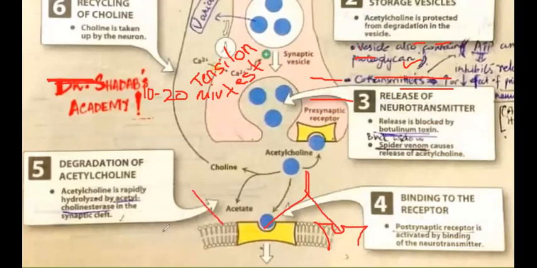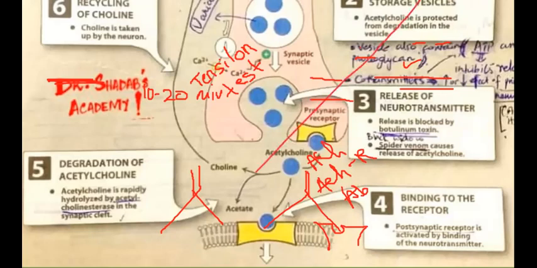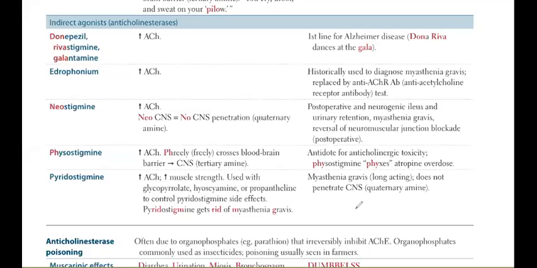Another antibody will come and bind two receptors at the same time. So these are anti-acetylcholine receptor antibodies. Now there is no need of giving edrophonium. That is why you have to remember this antibody name.